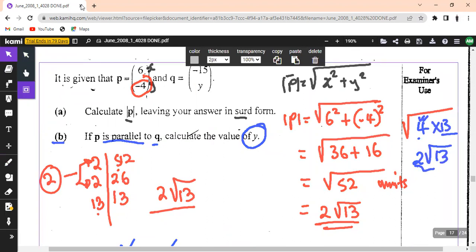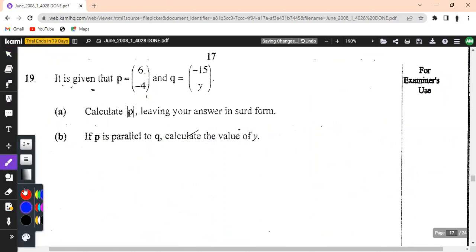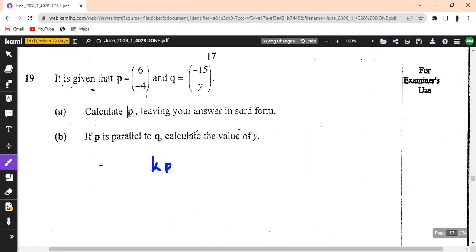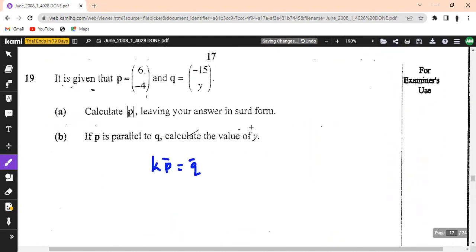So this is what you're going to have in this case. Using the first idea that I wrote there, I started with kP. So k vector P must be equal to vector Q if they are parallel, or you can use the other one that I indicated. So just choose which one is the best for you, where k is a scalar.